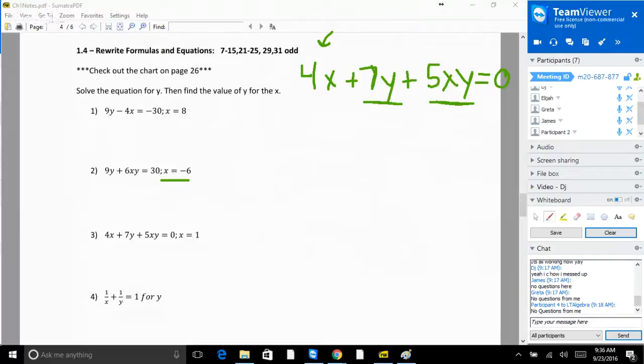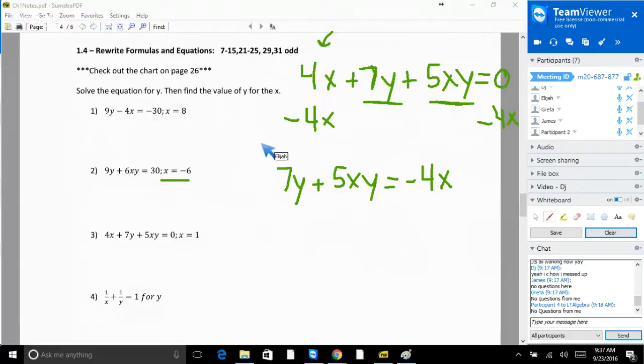I don't have to worry about pulling a y out of that. So I'm going to subtract 4x from both sides. My new equation is 7y plus 5xy equals negative 4x, because it was just 0 over here, right?